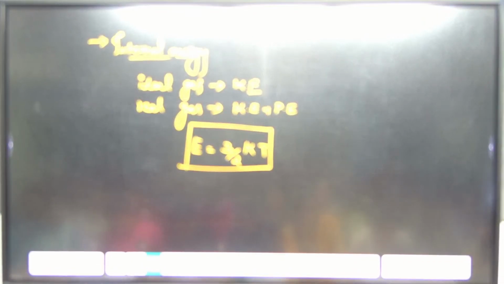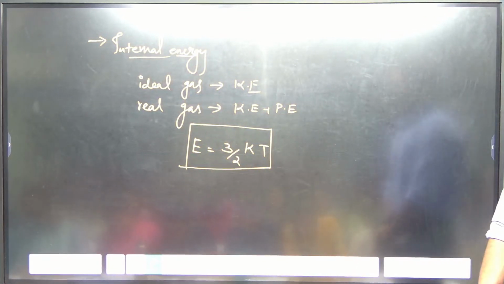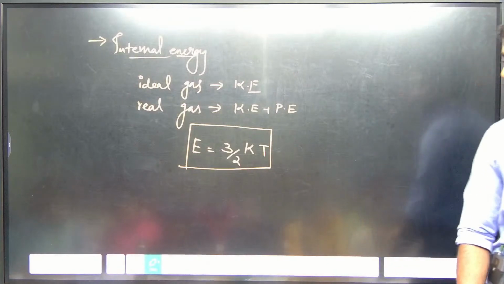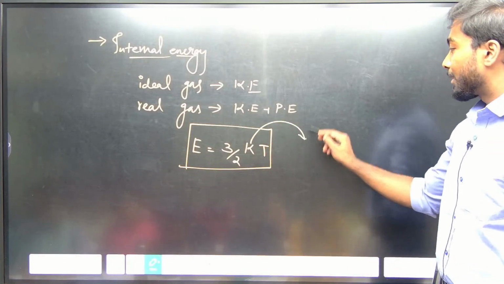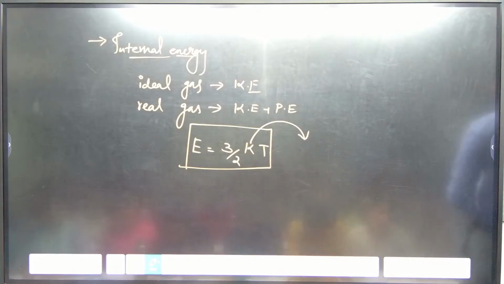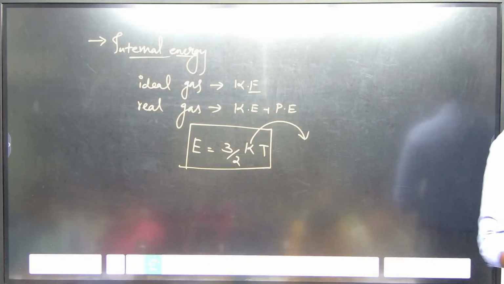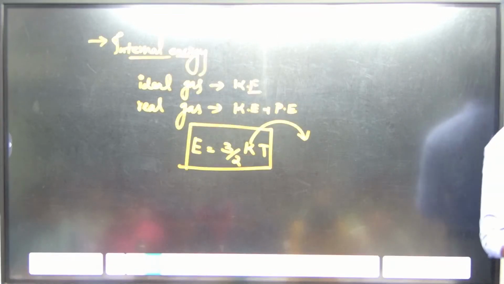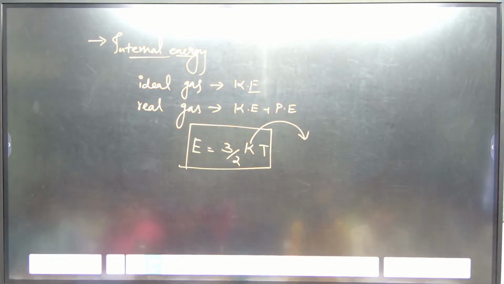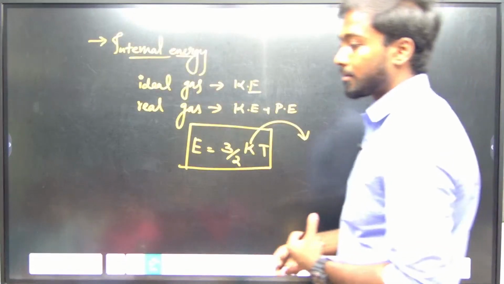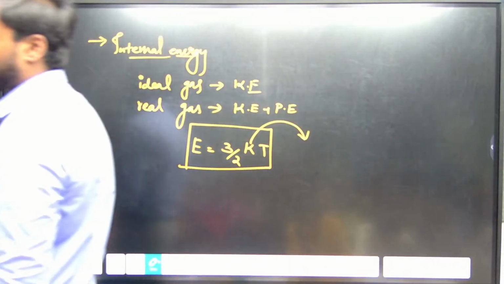No? Okay. So E is equal to 3 by 2 K times T, where K is nothing but the Boltzmann constant.